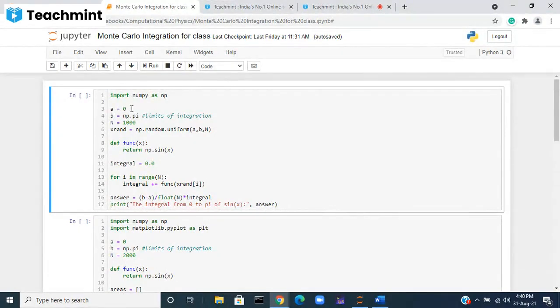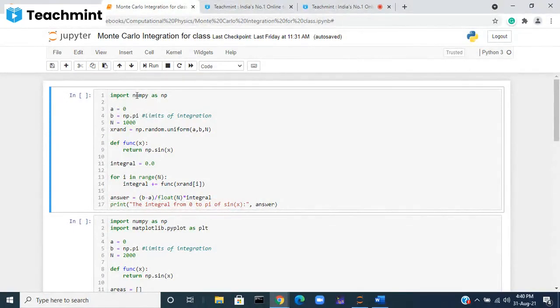a equal to 0 is the lower limit, and b equal to pi. The value of pi is defined in the library numpy.